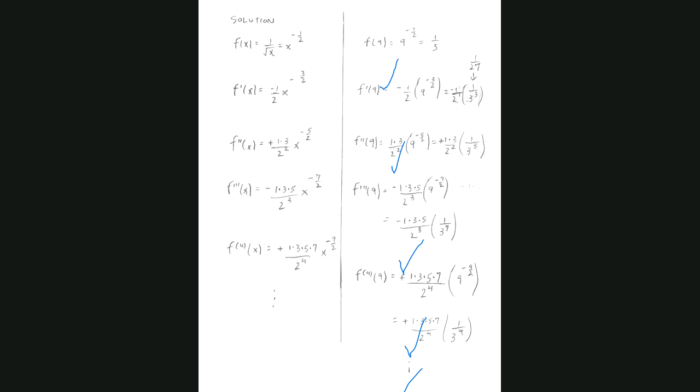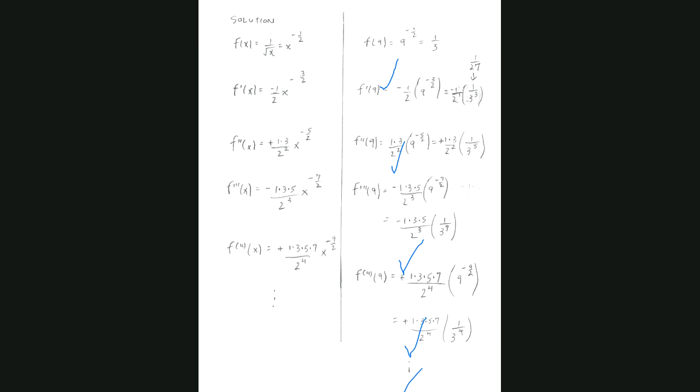All right, so hopefully I trust we're okay on the derivatives. In the derivatives, I'm choosing not to simplify. For the second derivative, I have 1 times 3 in the numerator. Third derivative, I have 1 times 3 times 5.